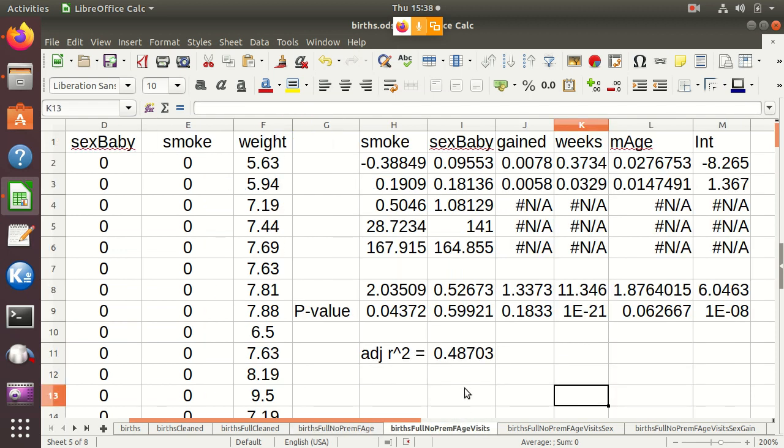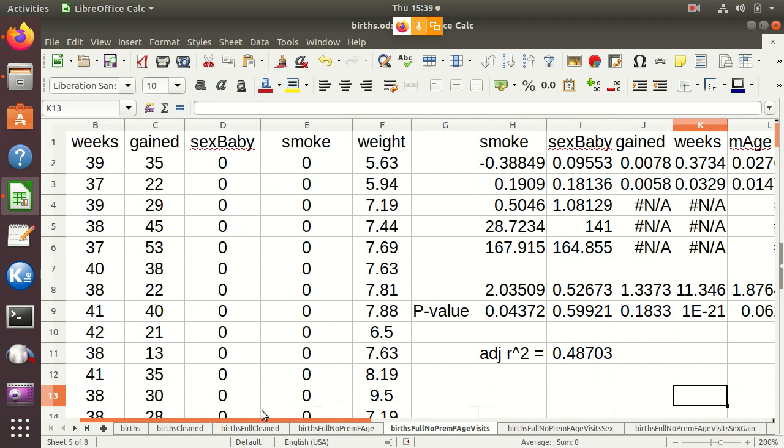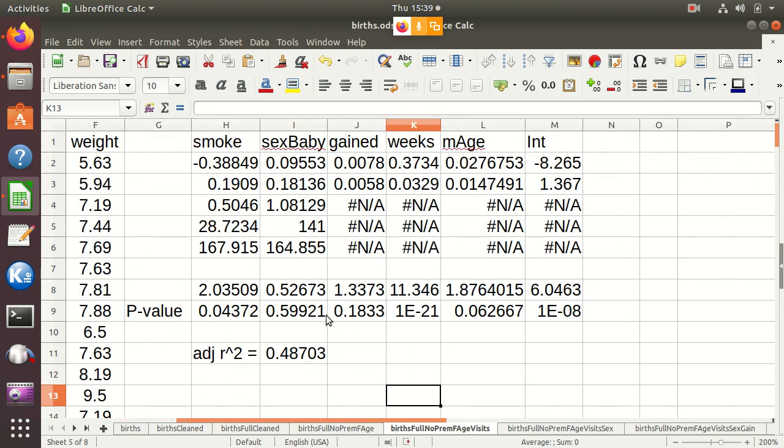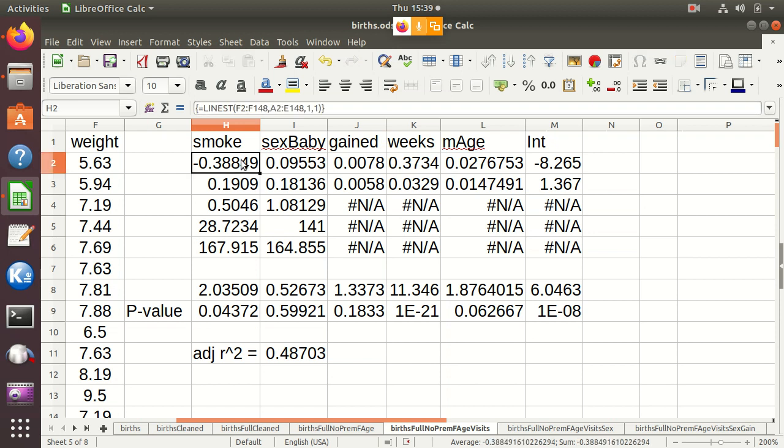And so then I got to just these columns: weeks, the weight gained, the sex of the baby, smoking, and then the weight of the baby is the response variable. Now all of a sudden, I'm down in the significant area for the smoking. And what I'm seeing is the slope says negative 0.388, so about negative 0.4.